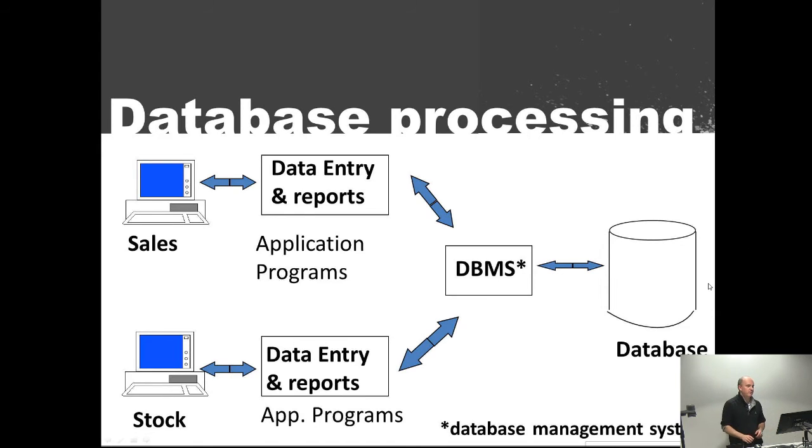Okay? So when you change things through one path, for example, the sales path, automatically your stock is going to be updated. Okay? And each product is defined only once, whether it's in the sales or in the stock applications.